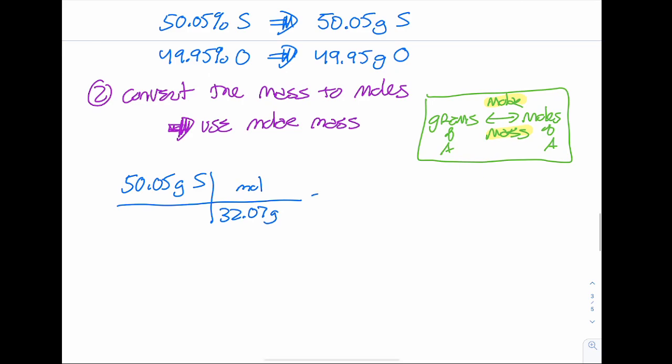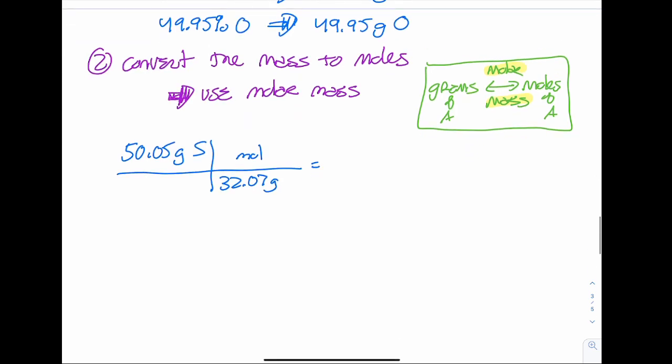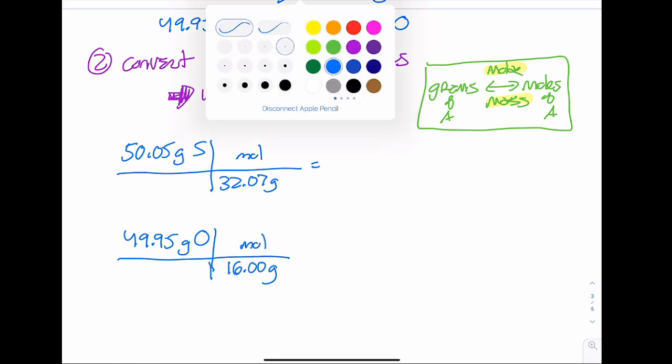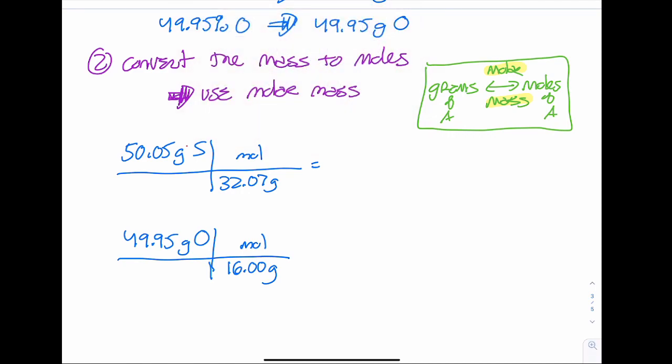And I'm just going to, again, set them both up. I have 49.95 grams of oxygen. My molar mass for oxygen is 16 grams per mole. Again, because grams are on top, I'm going to have to divide by that molar mass to get those units to cancel, right? These grams are going to go away.